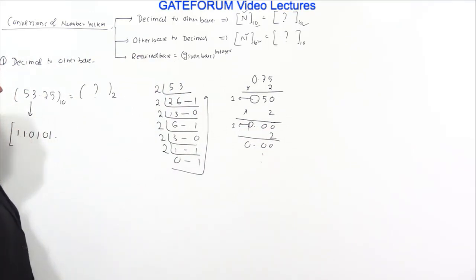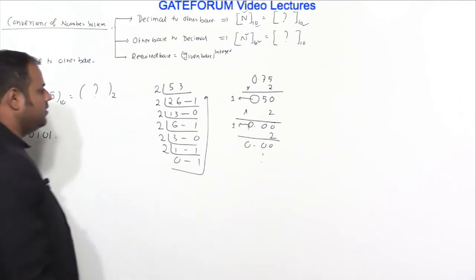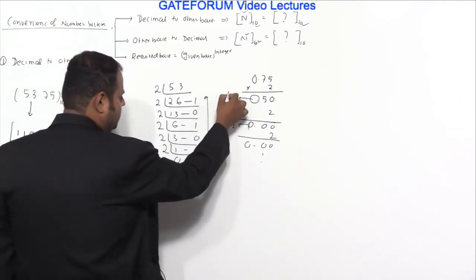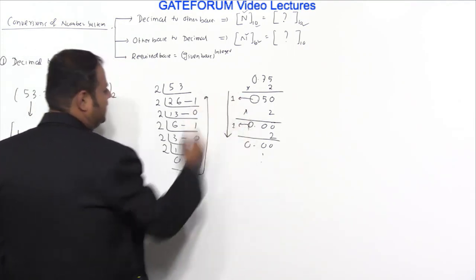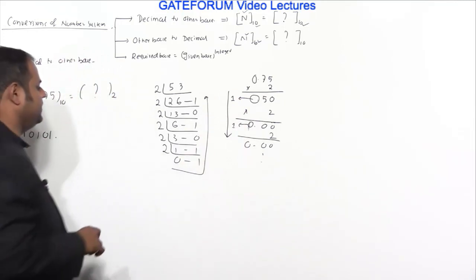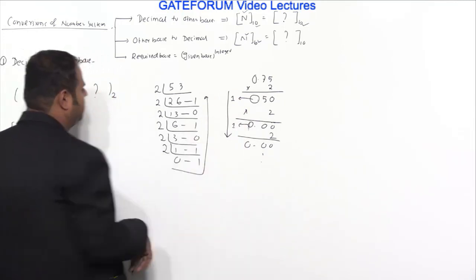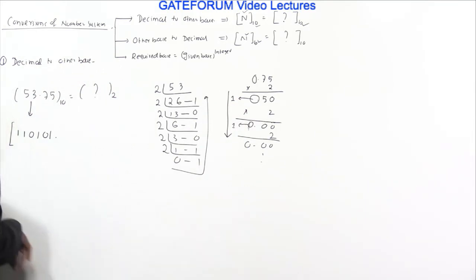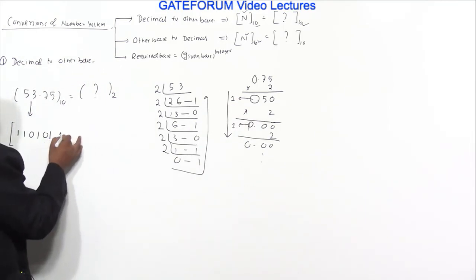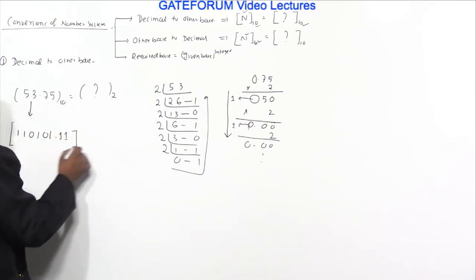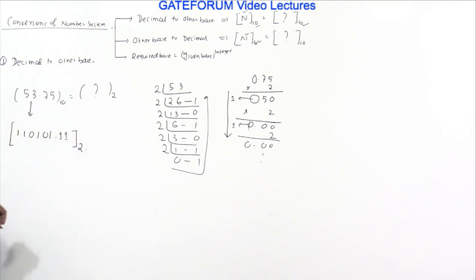Isn't it? Now for this kind of thing, whatever you are getting here, you simply take it in this way. Like here I am taking it from bottom to top, here you are supposed to take from top to bottom. So this 0.75 happens to be 1 1, and the base is 2.